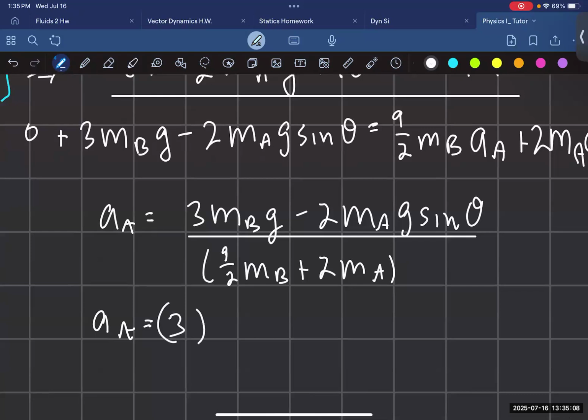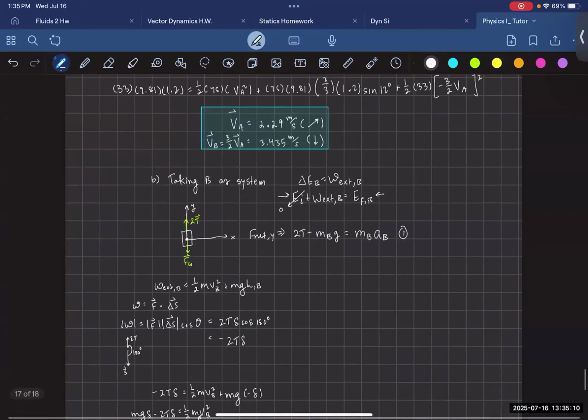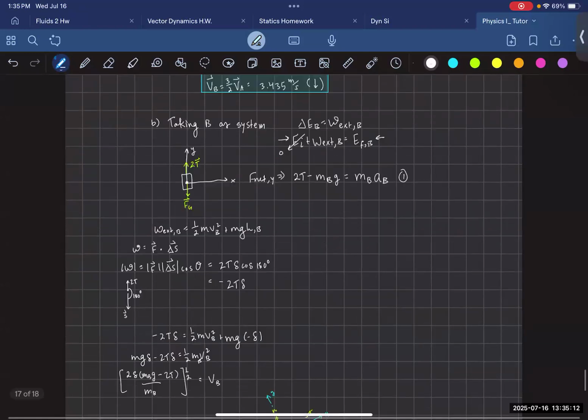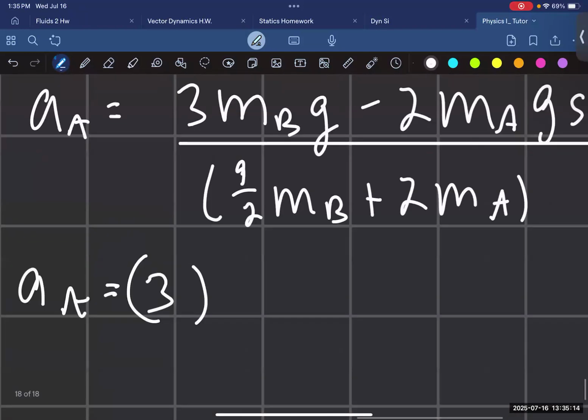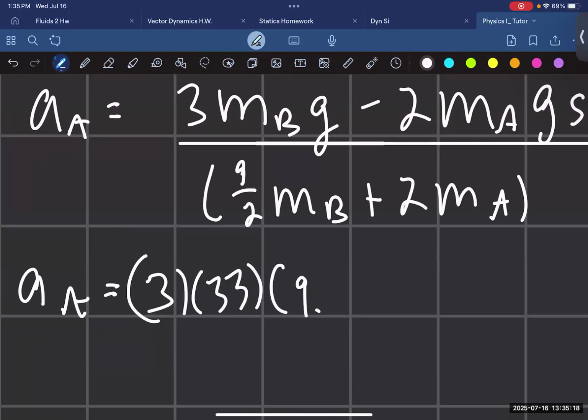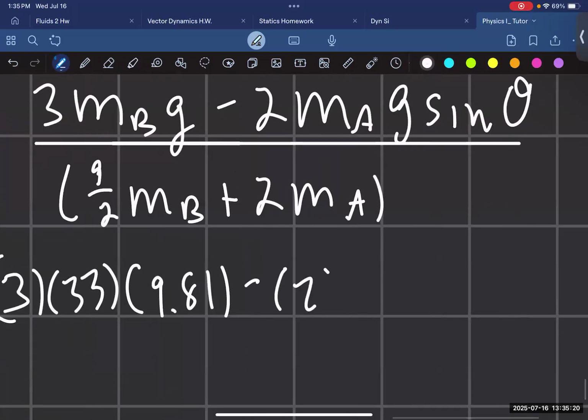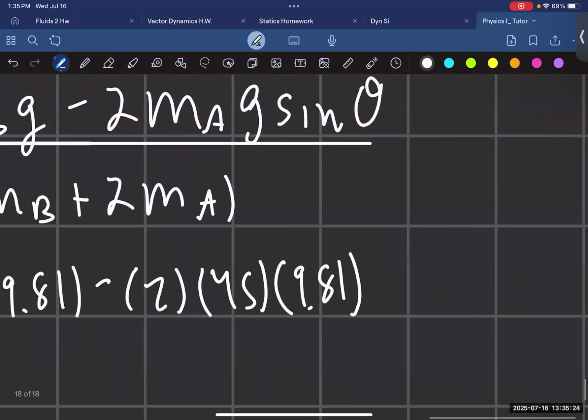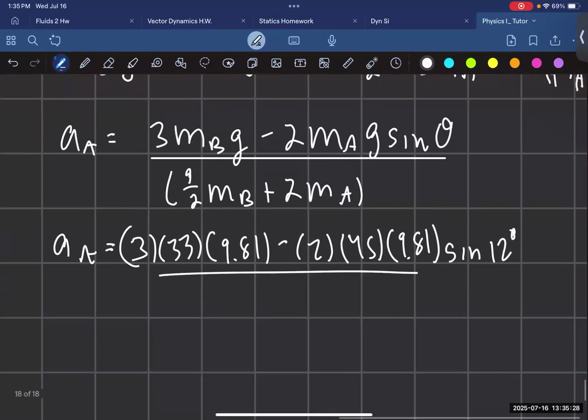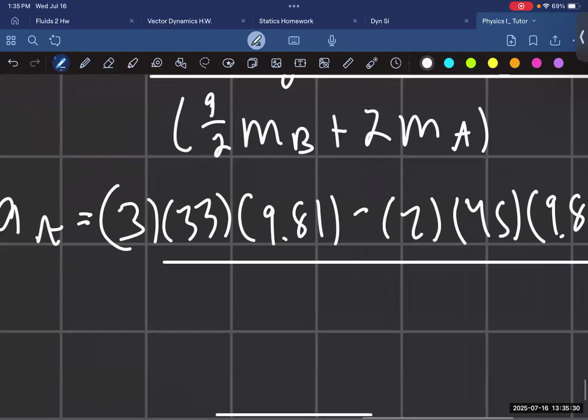The mass of B was given as 33. So 33 times 9.81 minus 245 times 9.81 times sine 12 degrees, all over 9 halves of 33.